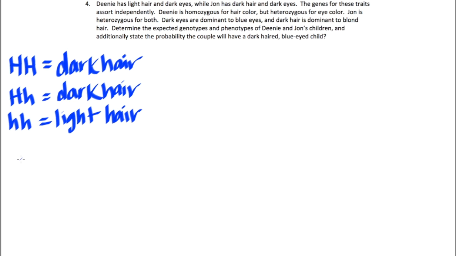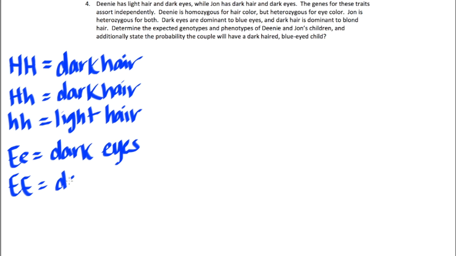All right, and when it comes to eye color, dark eyes, dark eyes, and then 2 lowercase e's would be light eyes.